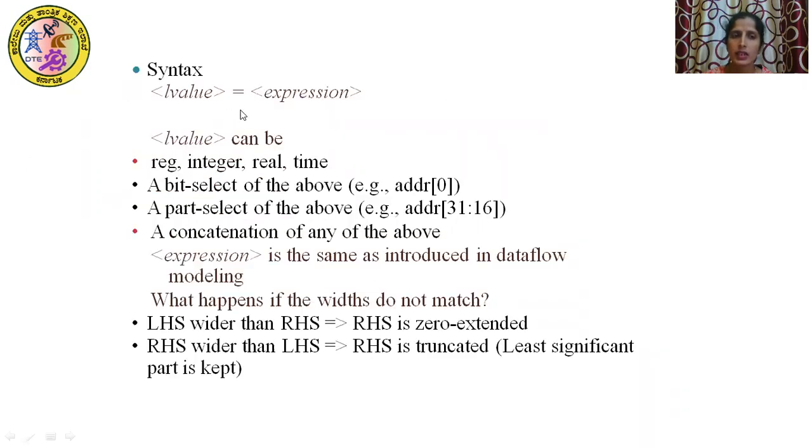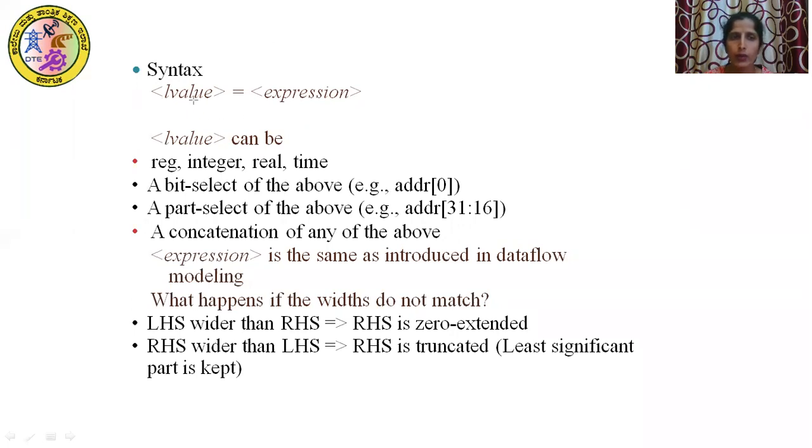So this is the syntax of the procedural assignment, where we have the variable to which something on the right hand side needs to be assigned. So what all can we have on the left hand side of a procedural assignment?